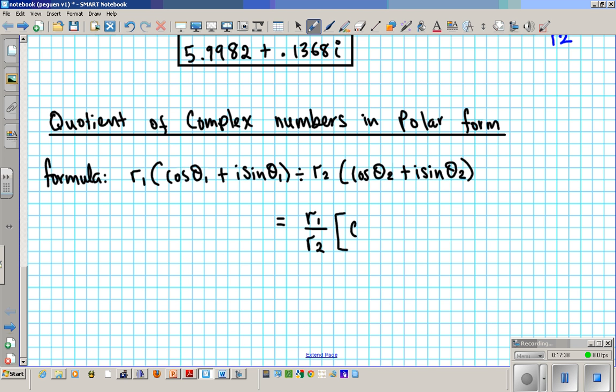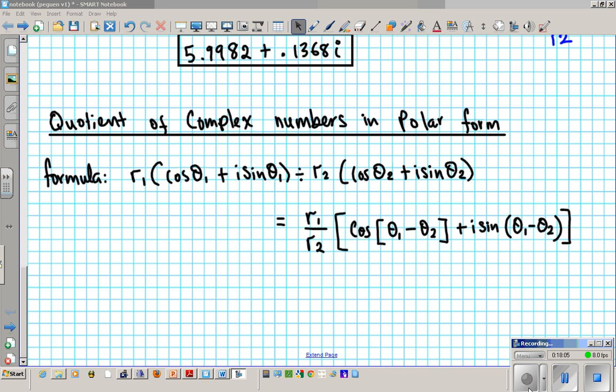In this case, you're going to subtract: cosine of the difference, theta 1 minus theta 2, plus I sine theta 1 minus theta 2. Oh gosh, I messed up my parentheses. Theta 1 minus theta 2 in that order. Okay?